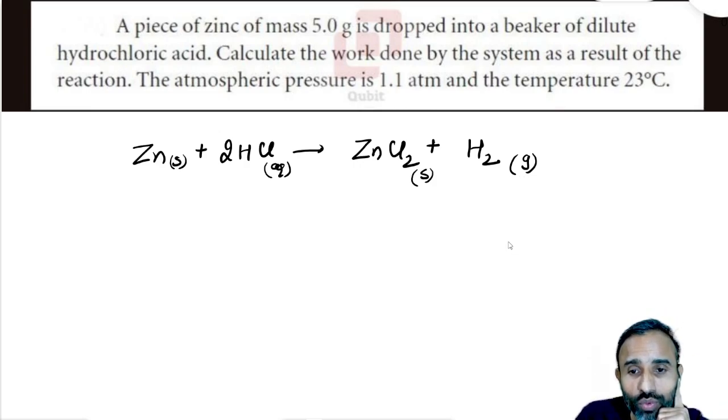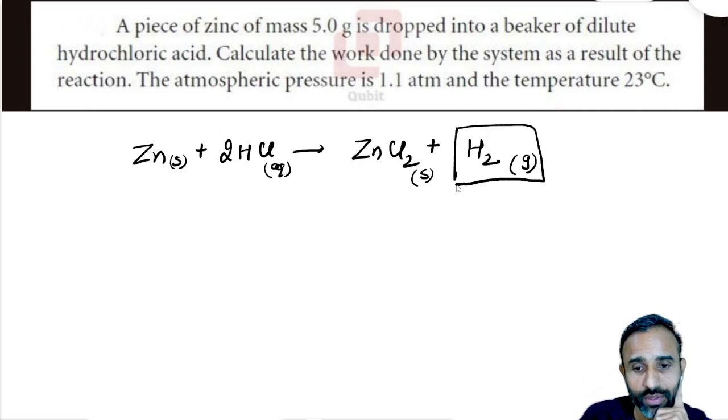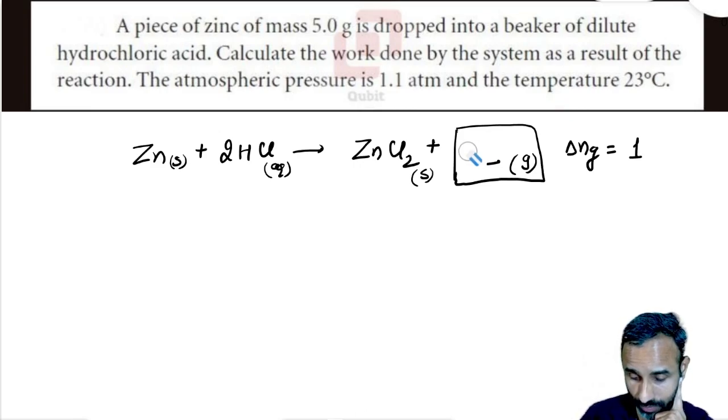Calculate the work done by the system as a result of the reaction. So when the reaction takes place, this H2 gas is formed, and delta Ng is 1. And you have 5 gram, so what amount of gas is formed?